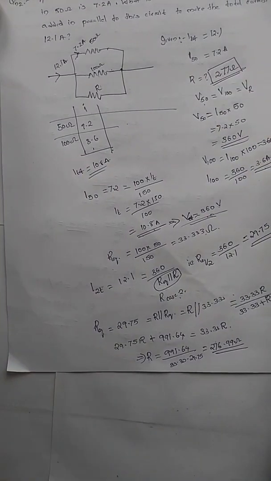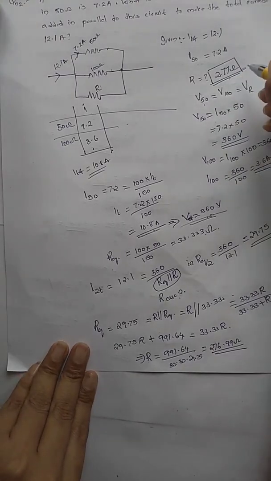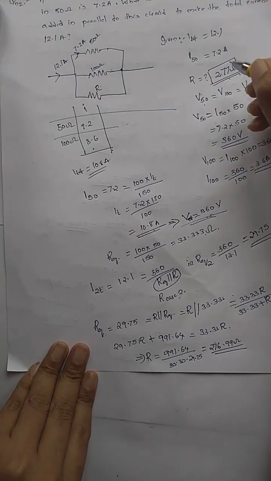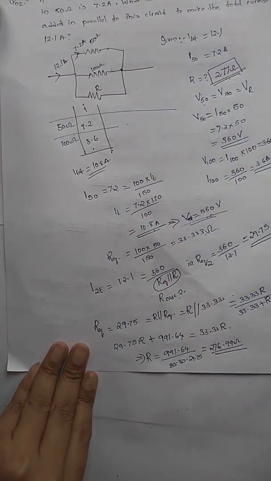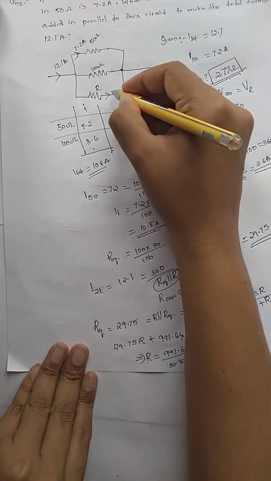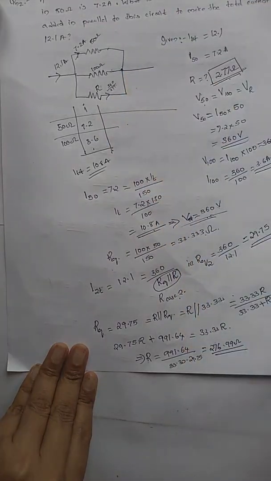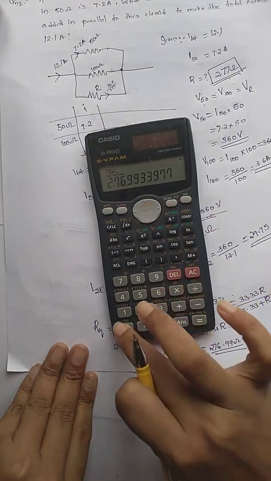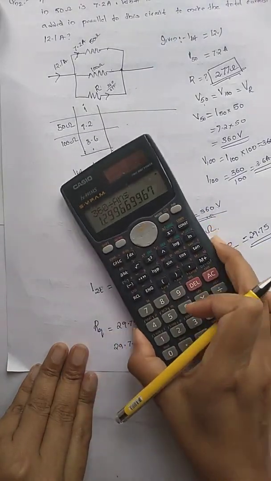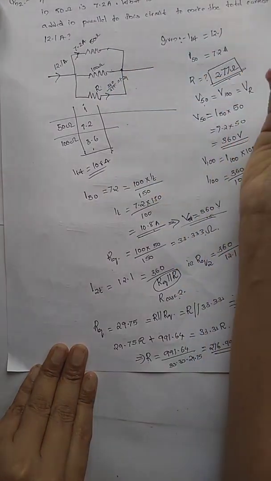Okay, and we should check if we get the total current. How will we check? The total voltage is 360, no? So the current flowing through the new resistance will be 360 divided by 277. The answer you will get is 1.29, isn't it?